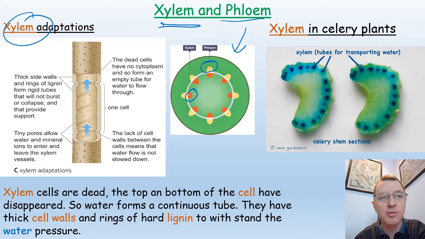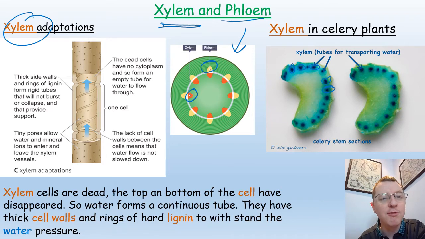Indeed, if you place some celery in some coloured water, maybe coloured with blue food colouring or ink, and you leave it for a few days, as the water moves up the xylem, it will carry the colouring with it, and if you slice the celery, you can clearly see the xylem cells. The xylem vessel will be coloured in blue because of the water and the ink that is contained within.